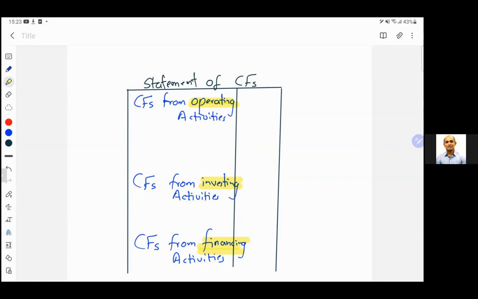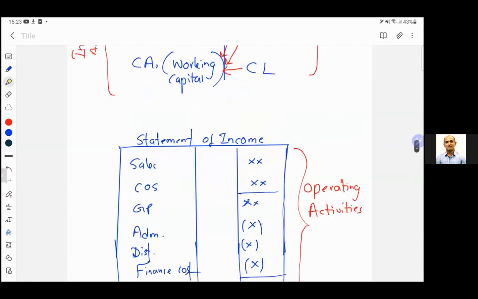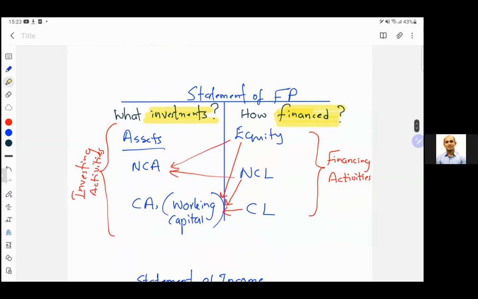Now you see, when you see financial statements logically, these are the three activities you can identify. Investing and financing activities you can see from the statement of financial position.